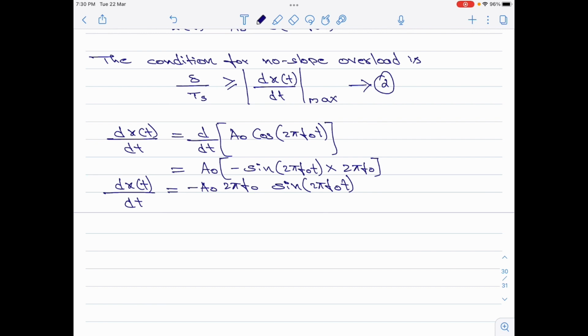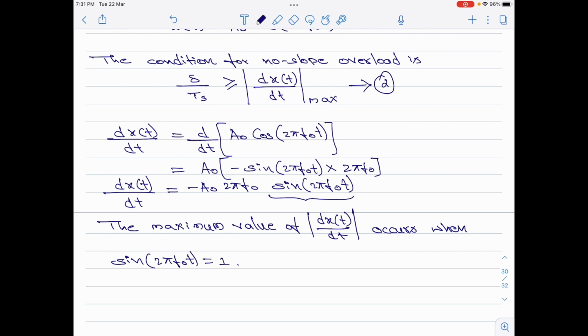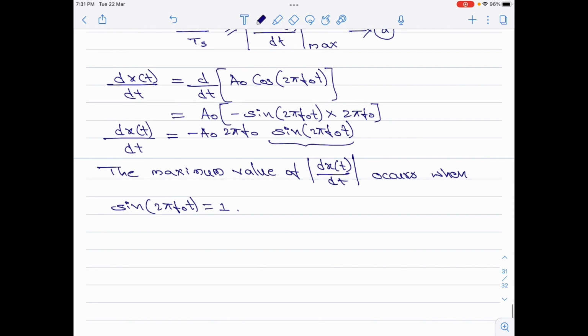So, we note that the maximum value of the magnitude of dx of t by dt occurs when this term, which is sine of 2 pi f naught t, is equal to 1. Therefore, substituting sine 2 pi f naught t equals 1 into the equation here, which let me call equation 3, we obtain the magnitude of dx of t divided by dt, max, is equal to, since there is a magnitude involved, the minus symbol is eliminated.